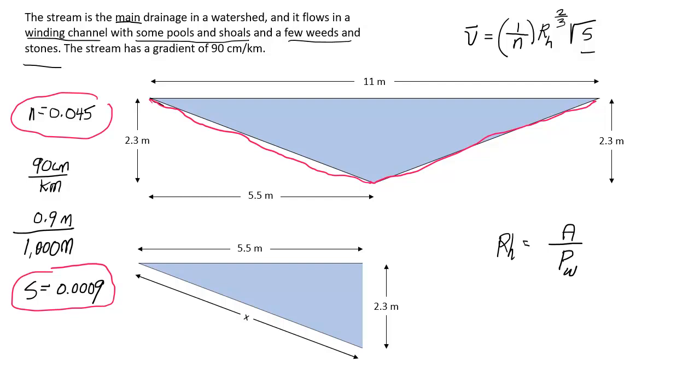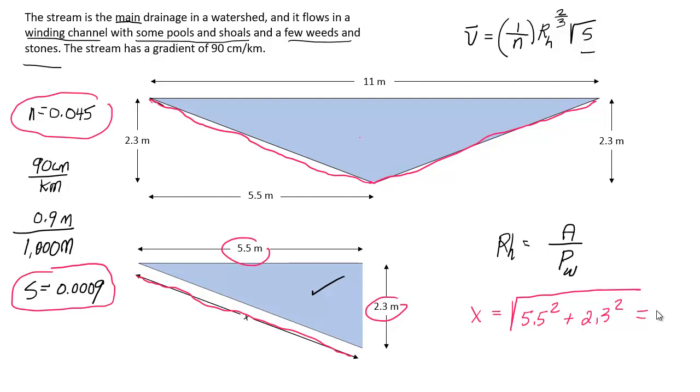For the red line, there are two pieces that look like this here. And we want this length here, and that's just the Pythagorean theorem. So we can write that x here is equal to the square root of this squared plus that squared: 5.5 meters squared plus 2.3 meters squared, and that is 5.96 meters.